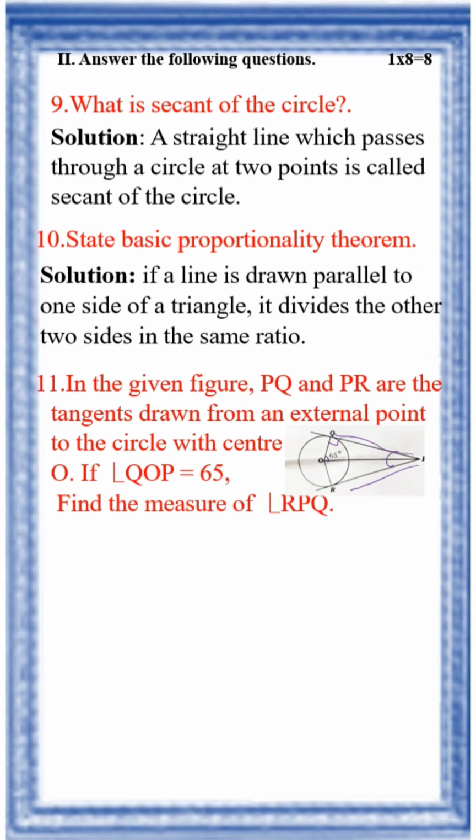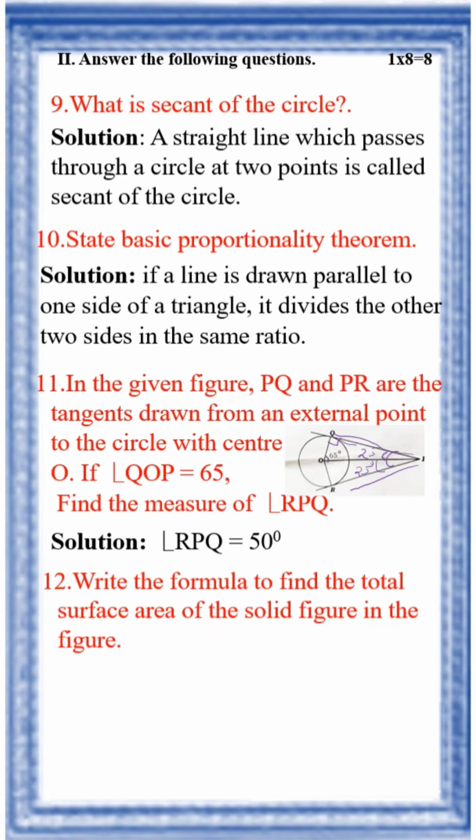This angle is 90 degree, we know it. So this angle is 90 minus 65, that is 25 degree. So this angle is also 25 degree. 25 plus 25, this is angle RPQ, that is 50 degree.